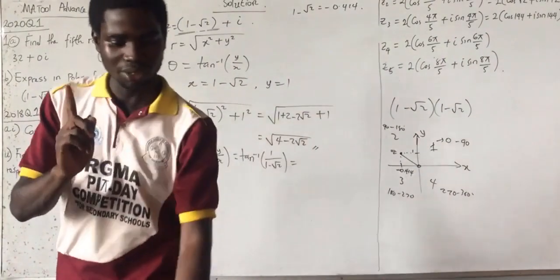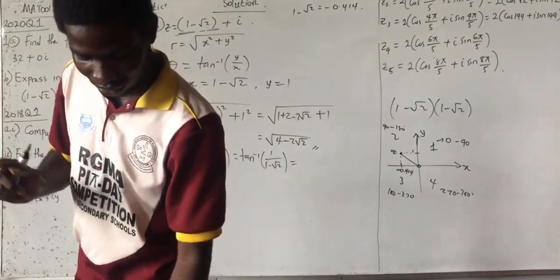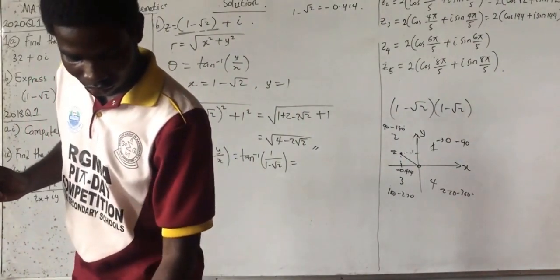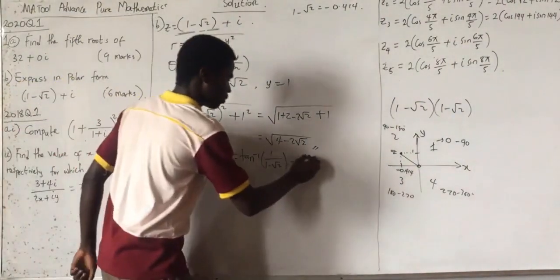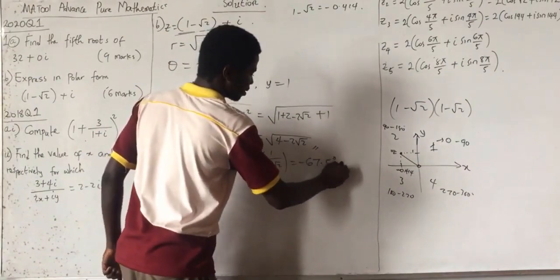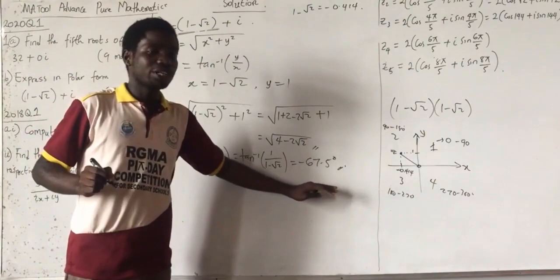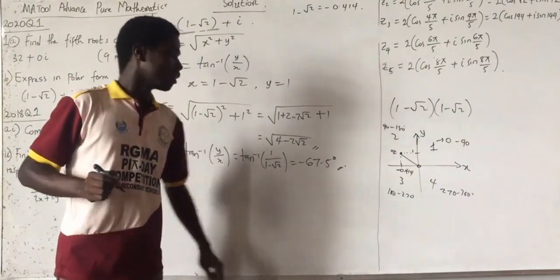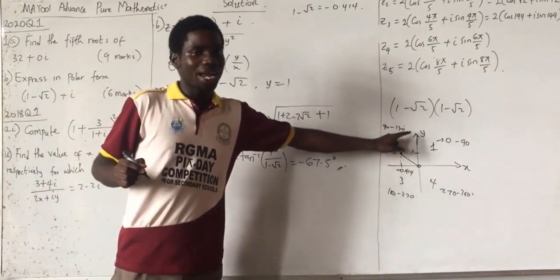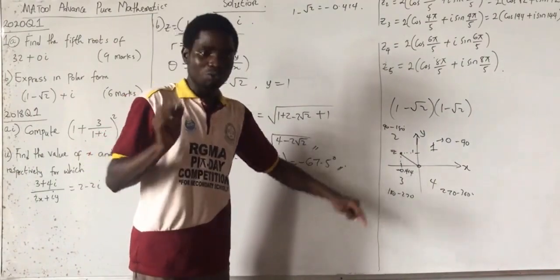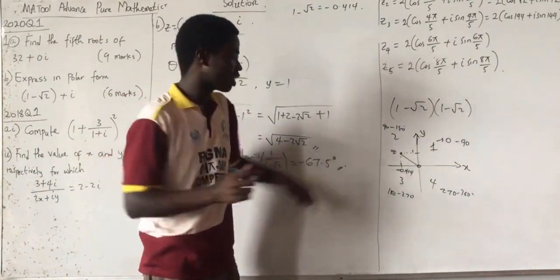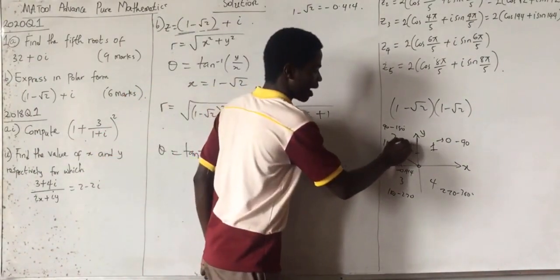But if you press your calculator to solve that, you are going to get minus 67.5 degrees. You are even getting a negative value. This is not what you write as your theta. Theta must fall between 90 and 180. For an angle in the second quadrant, you do 180 minus theta.